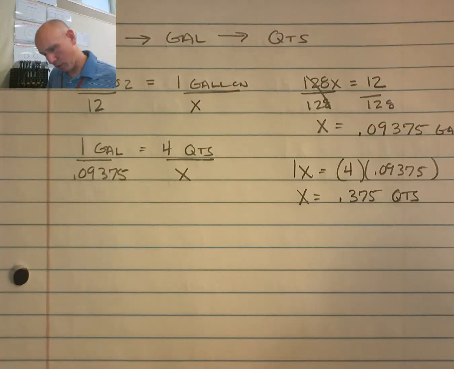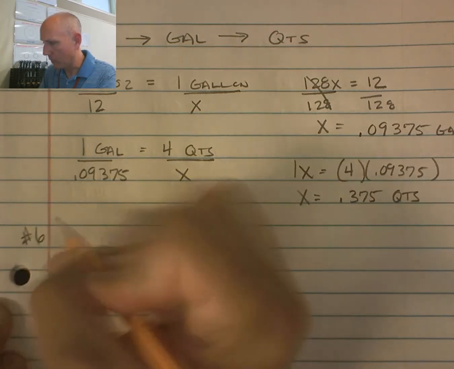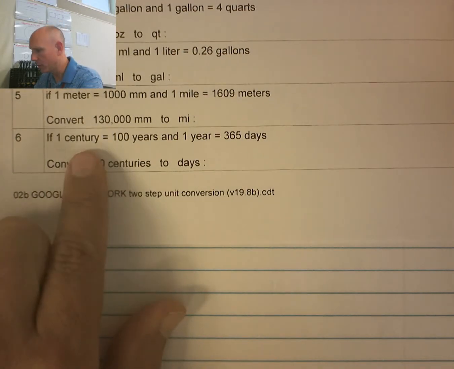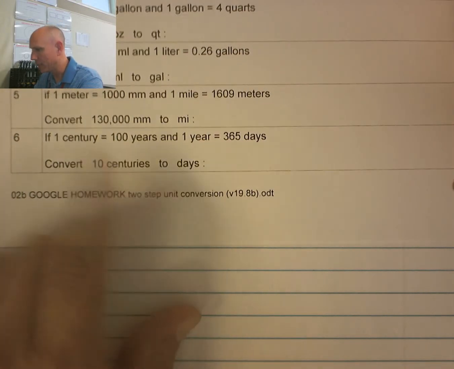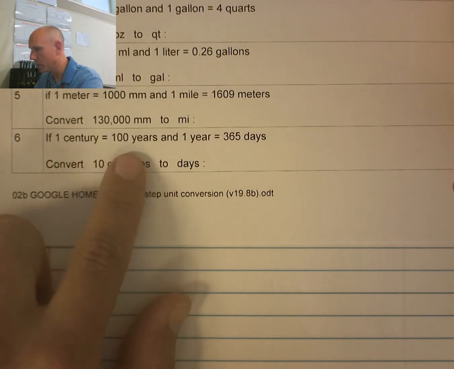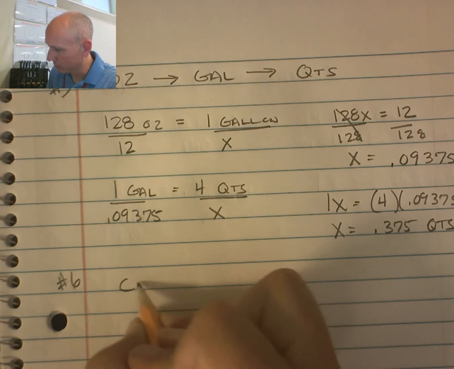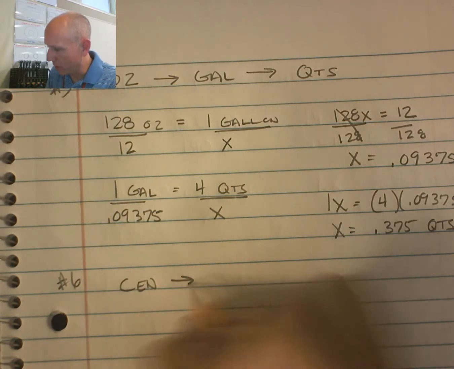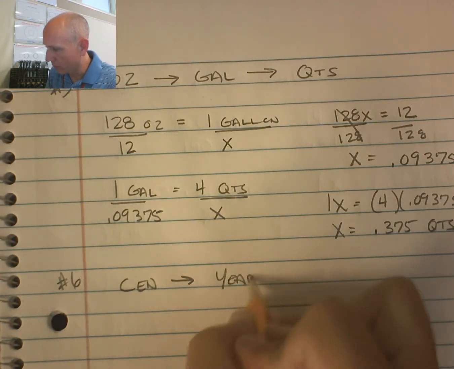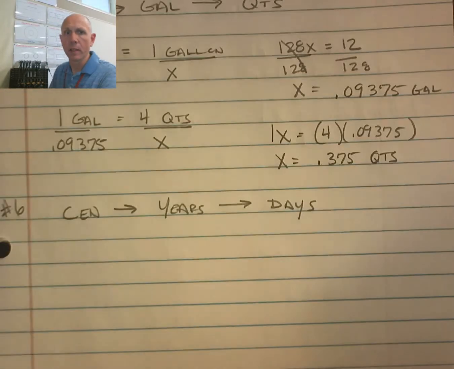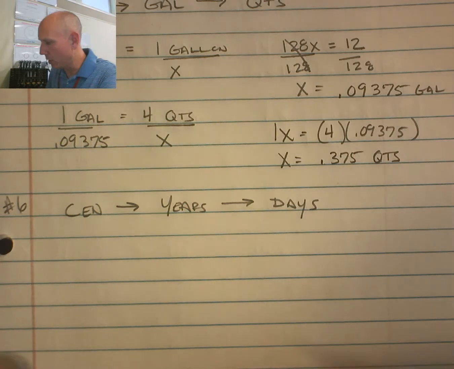Let's do number 6. Number 6, I need to go from centuries to days. So I'm going to go century to years to days. What's my connection between centuries and years?